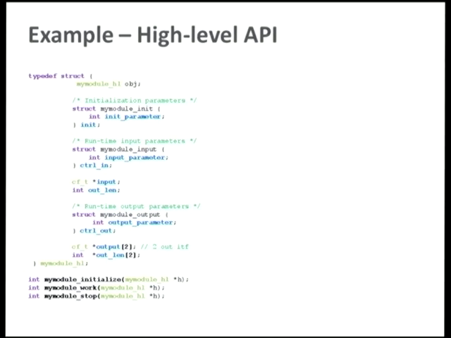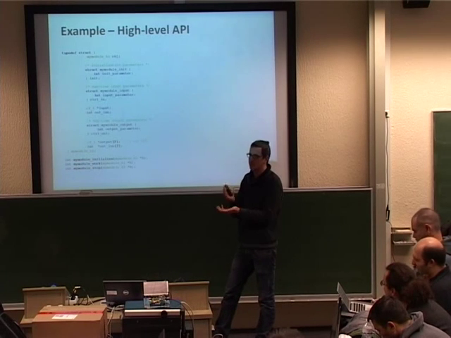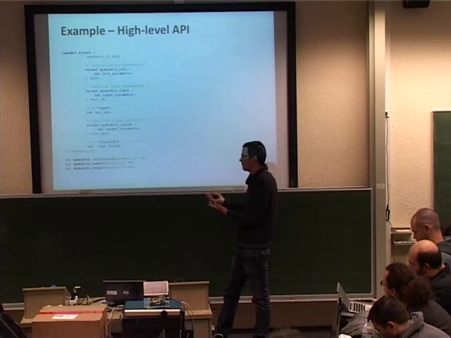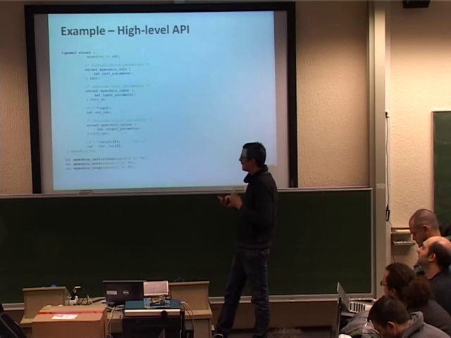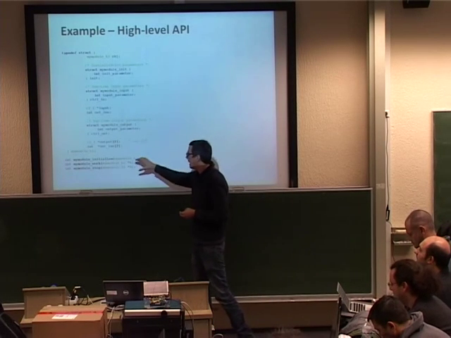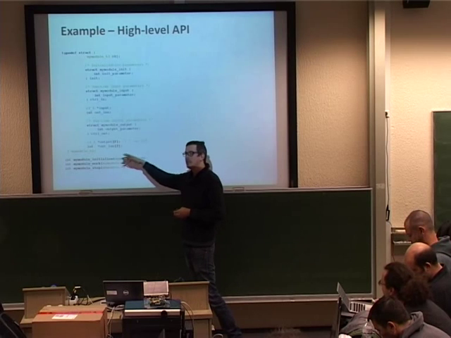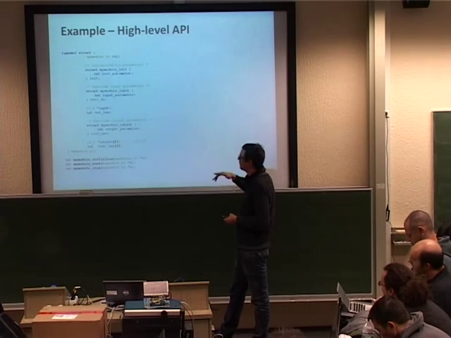All the frameworks start with an initialize function, and then they have a work function, which is called periodically to perform the DSP, and then a stop function. The idea is that the DSP designer has to implement these functions calling the low-level API functions.